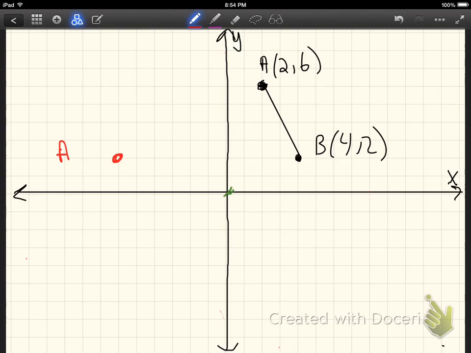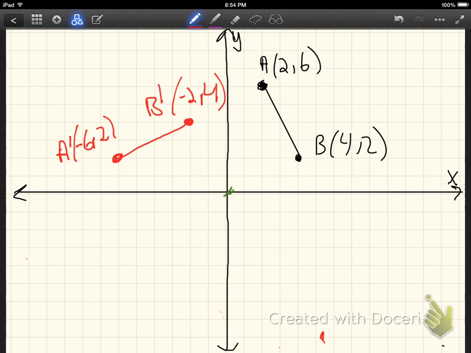That's my A prime, negative 6, 2. And B prime is going to be the negative 2, 4. So it's going to be here. Alrighty, and we've got that one done.